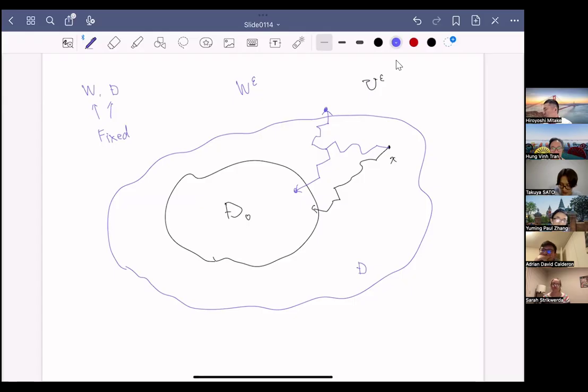But if player one ends this game by exiting from domain D0, then player one has to pay cost T to player two. And in this condition, no cost.